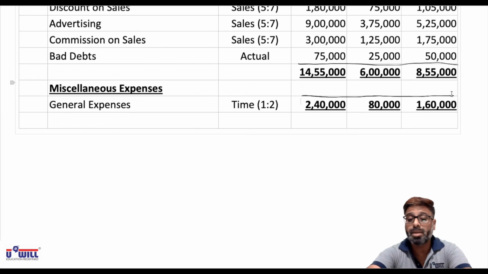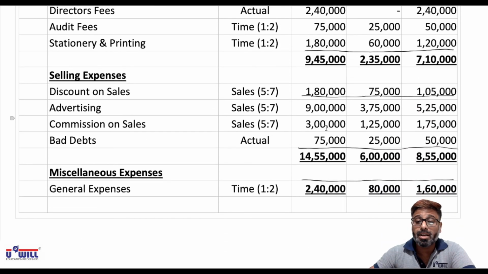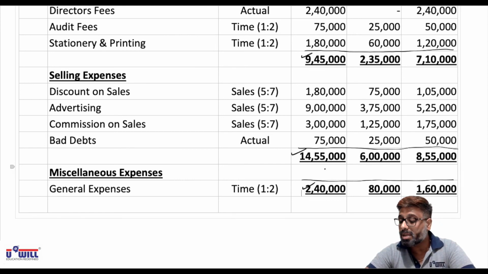Now the final total: 9,45,000 plus 14,55,000 plus 2,40,000. That is 26,40,000.